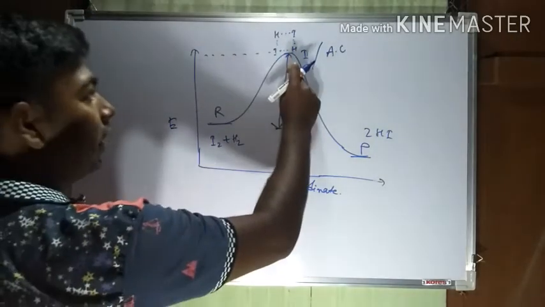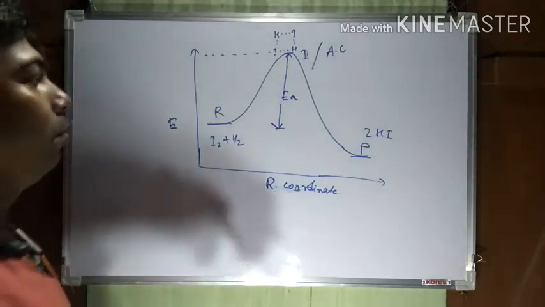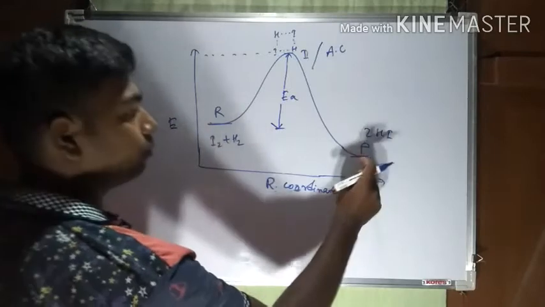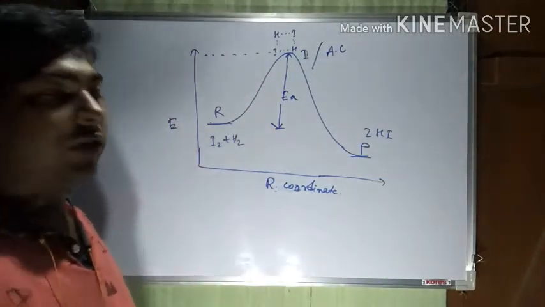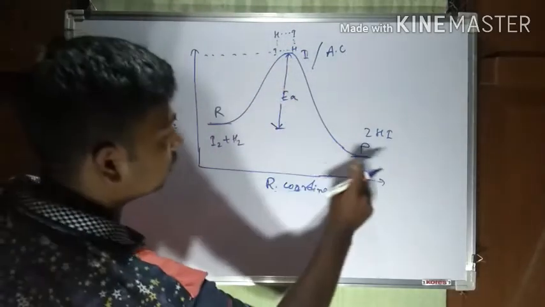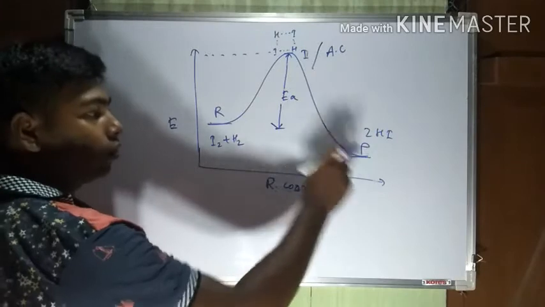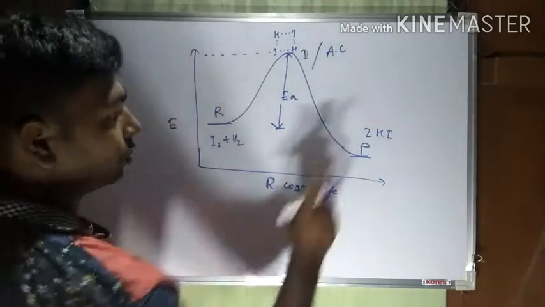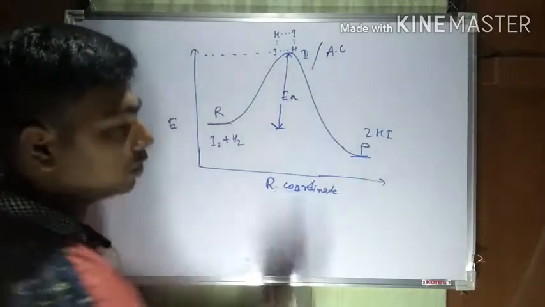From this intermediate state, some chemical bonds break and some form, so that it produces the product. The product molecule is very stable, that's why it has lower energy, lower even than the reactant. This one is stable, this one is highly unstable, this one is more stable.